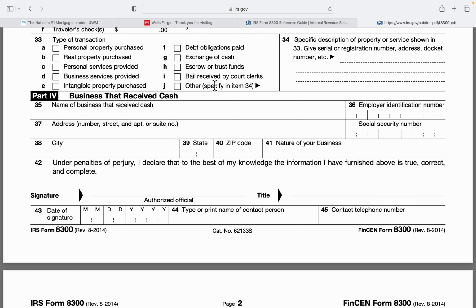Those types of transactions would fall here. And you would give a description of the property or the type of transaction. If it was real estate, you would put the name and the address of the location of the real property. If it was for personal service, what type of personal service was given. If it was a debt obligation, you would give as much detail as you can here.